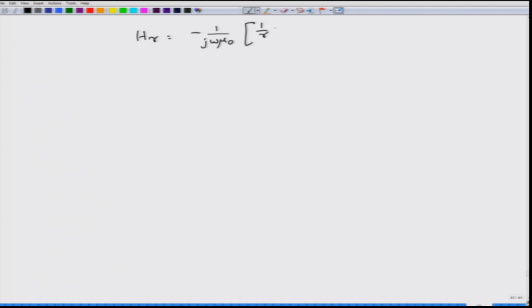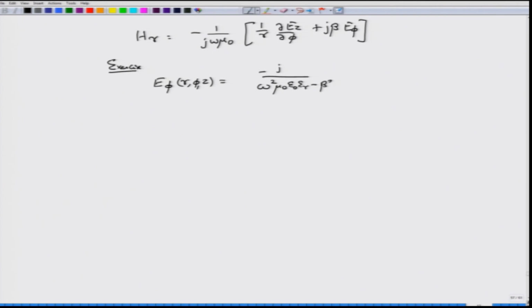So, I have 1 by r del E z by del phi, okay, plus j beta E phi, no problem at this point. And when you substitute and then simplify, I leave this as an exercise to you to show that the phi component, which is a function of all three components r, phi and z, is given by minus j divided by omega square mu naught epsilon 0 epsilon r minus beta square.